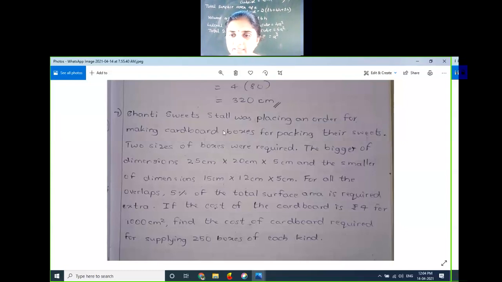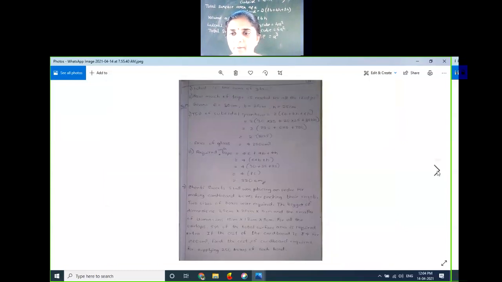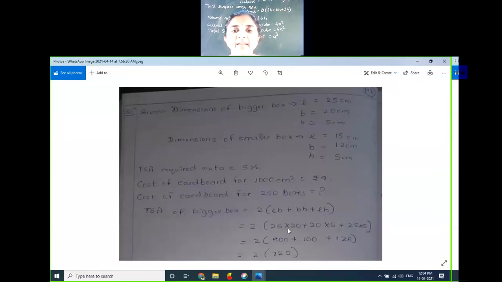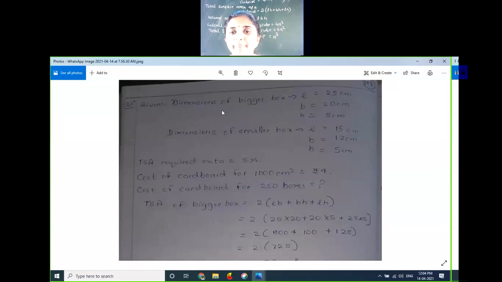So we'll move on to the solution part. The solution is like this. First we have to write the given data. Given dimensions of bigger box: length 25 centimeter, breadth 20 centimeter and height 5 centimeter. And dimensions of smaller box: length 15, breadth 12 centimeter and height same, 5 centimeter.